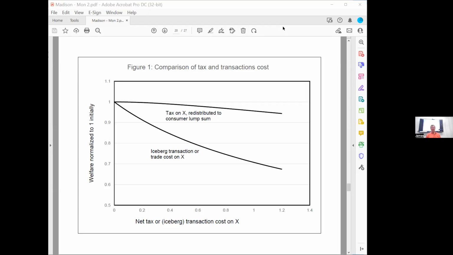That's a consequence of the envelope theorem. 0 tax puts you at the top of the welfare curve. So when you first put on a little tax, it's actually flat. The first order effect of a tiny tax is 0.